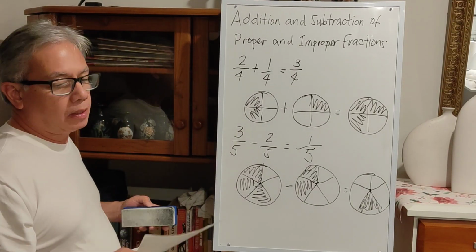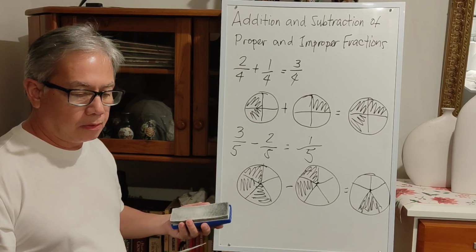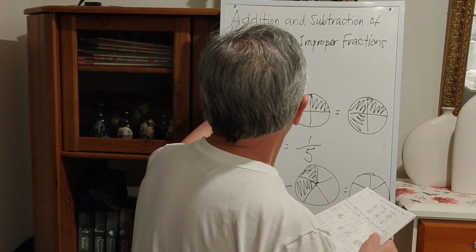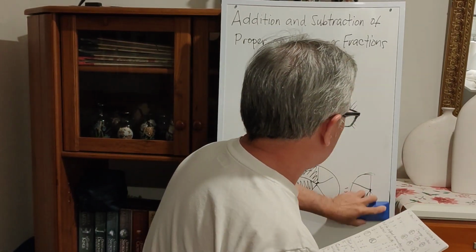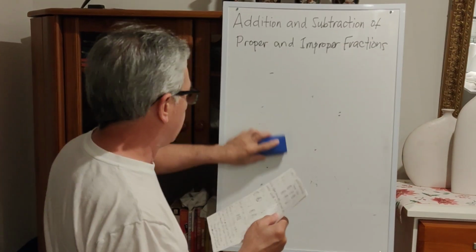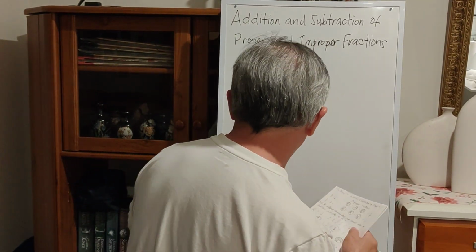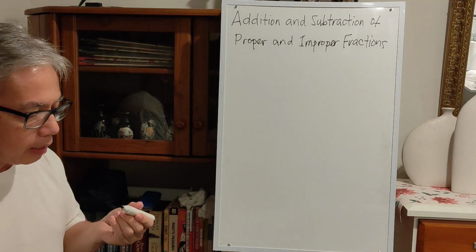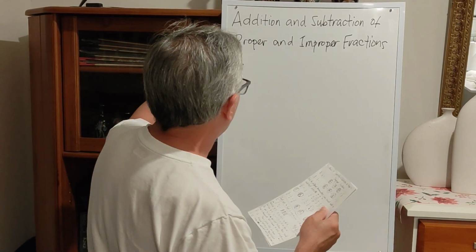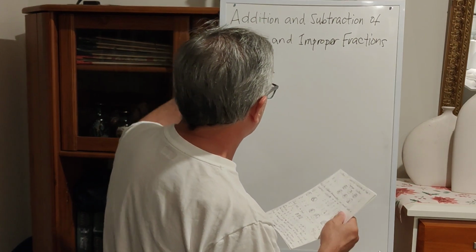Now we go to addition and subtraction of fractions that have different denominators. So let's try to draw it first to see what's happening. For example, we have 1/2 plus 1/3.